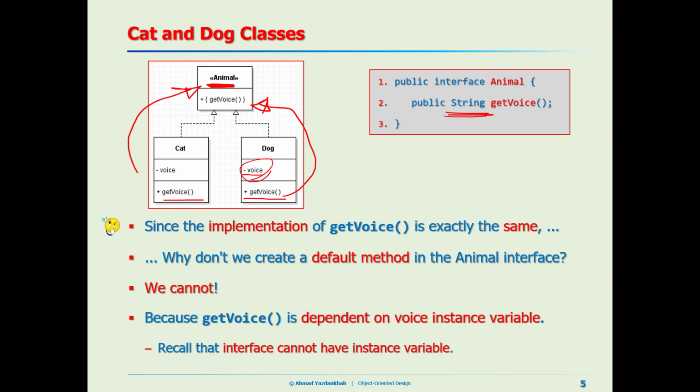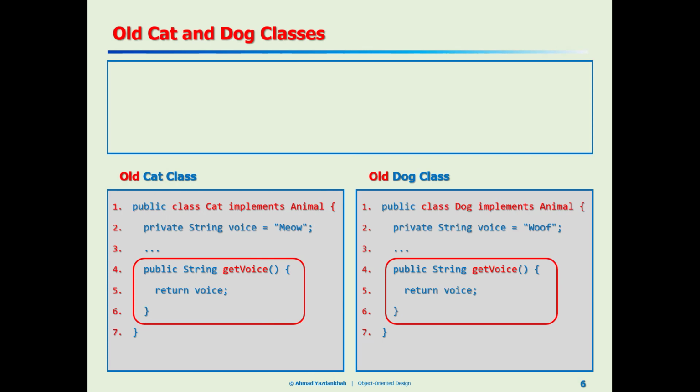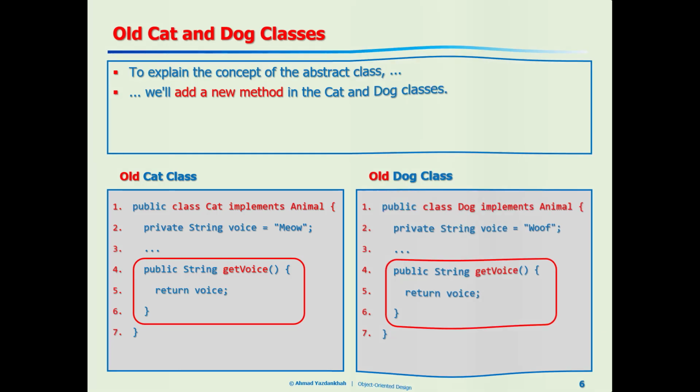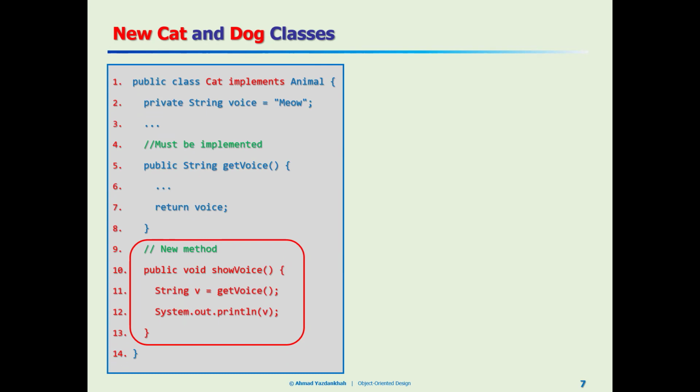So to be able to do that, I'm going to add something in the cat and dog classes. We add a new method that is similar in both, and I want to show you how we can factor them out and put them in the interface. Here is our new code.